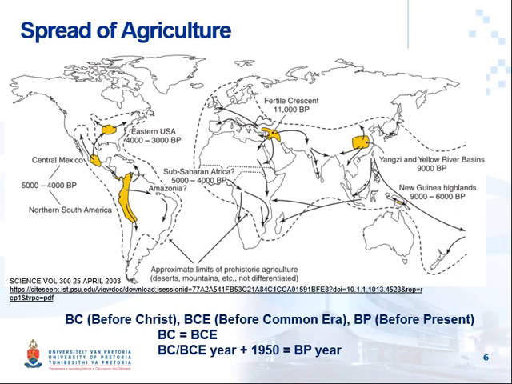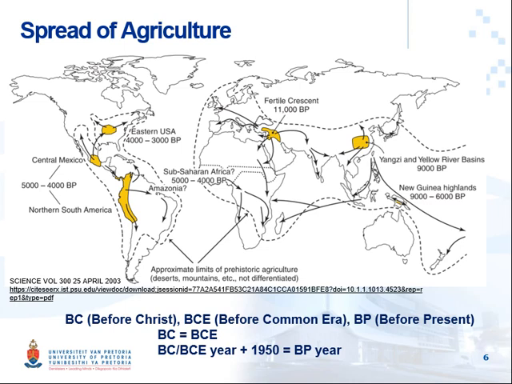But before I start speaking about this picture, let me give you a little bit of information about the abbreviations that we use for years. There are three abbreviations in this slide. BC means before Christ, BCE means before Common Era, and BP means before present.